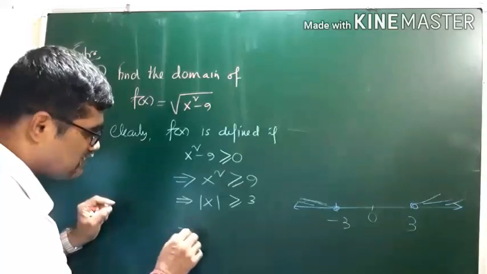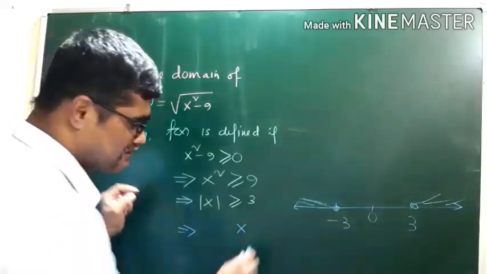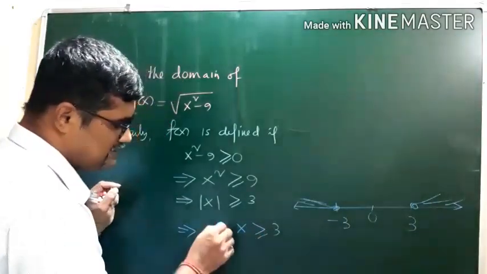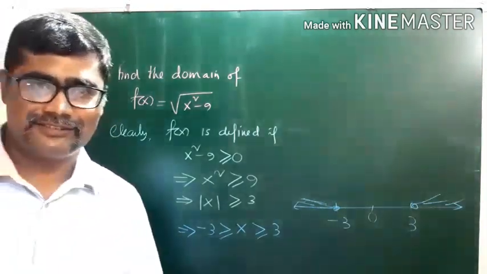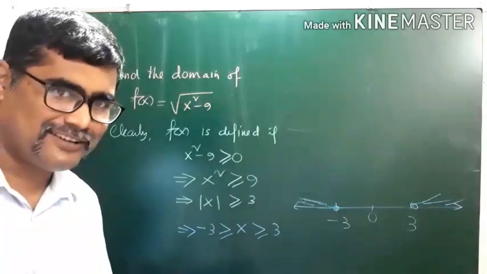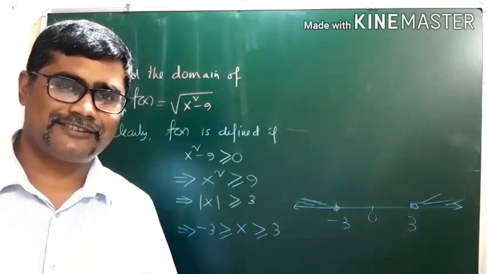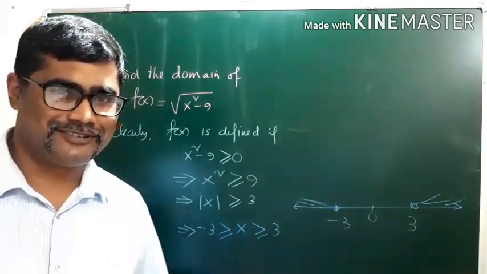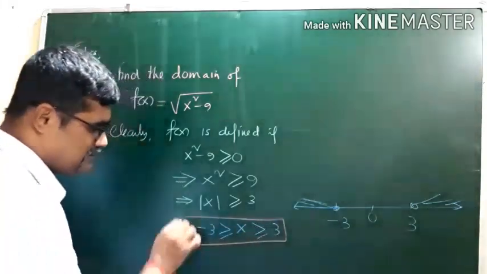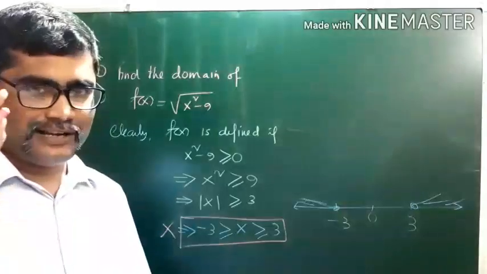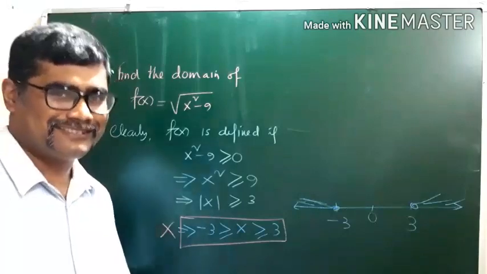So this will imply what? x less than or equal to minus 3 or x greater than or equal to 3. That's the domain. But remember, what I wrote first is rubbish. This is absolutely wrong. I am trying to point out those particular instances where students commit mistakes.